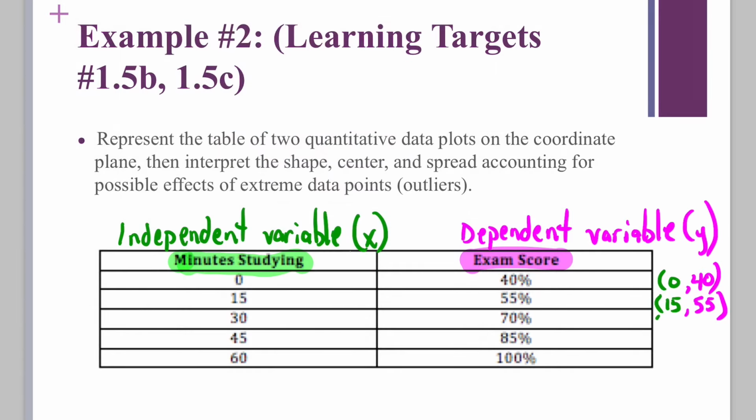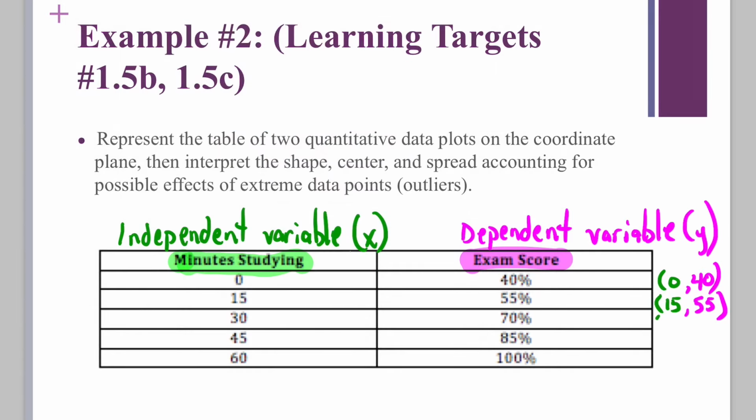And as you might recall, we best represent data that shows relationships on a scatter plot. So the most appropriate type of graph would be a scatter plot. So let's plot these ordered pairs as a scatter plot on a coordinate plane.